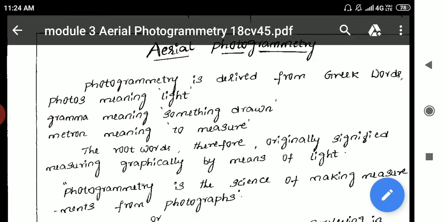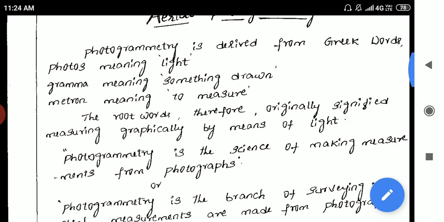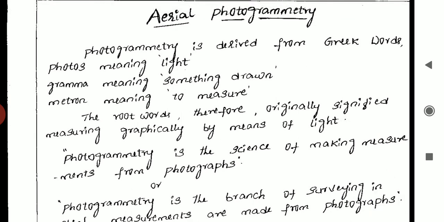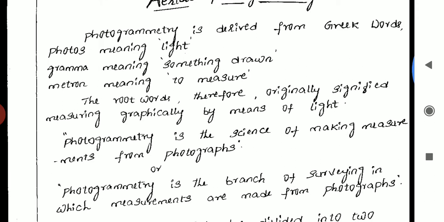And metron means to measure. The root words therefore originally signified measuring graphically by means of light.